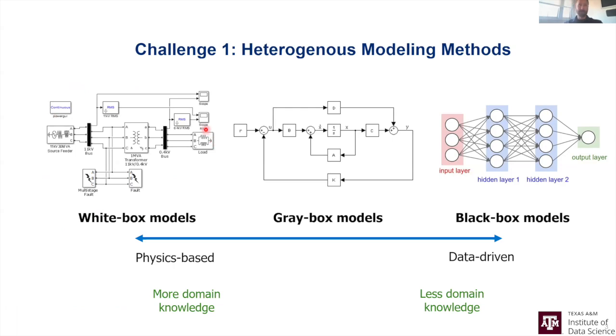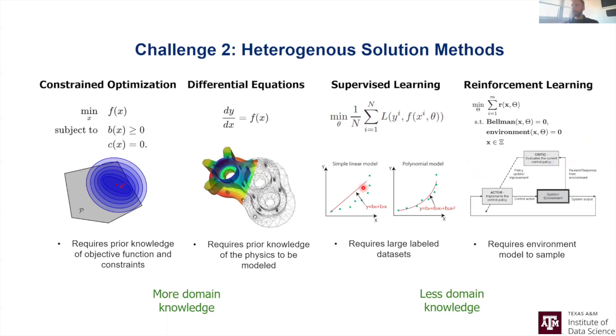There are a lot of custom models written in C, C++, like legacy codes for specific simulations in power systems or energy systems. But they are good for emulating the system, for studying the response of the system and its complex behavior. They are not suitable for decision making. So for those purposes, we typically resort to gray box models and black box models. But we are using different tools and theories for those that are not necessarily directly compatible and integrated with white box models. And when we solve these decision-making problems, we have two categories in general.